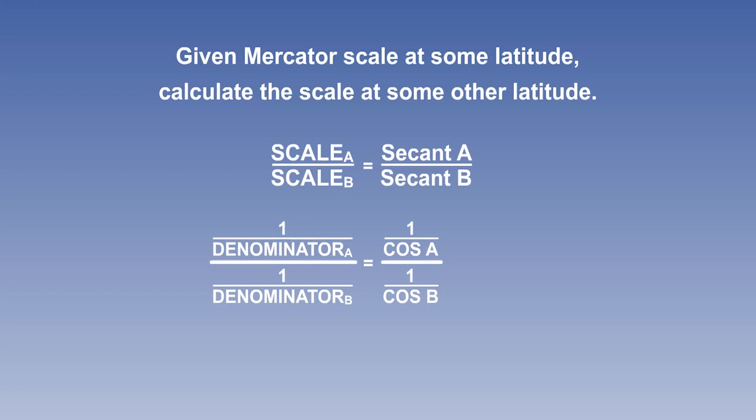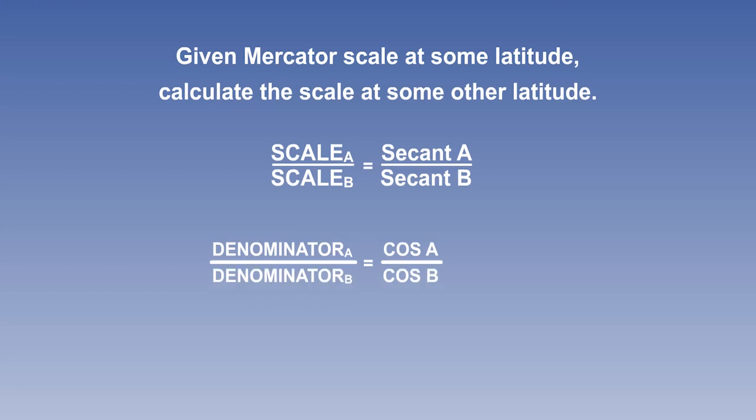With a little rearrangement, we get denominator A over denominator B equals cos A over cos B.